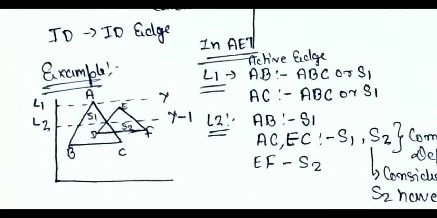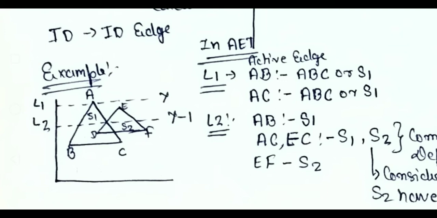Now we use the active edge table, AET, because we are using active edges. First check L1, the scan line L1. What are the intersecting points? First AB and second AC are intersected by the L1 scan line.